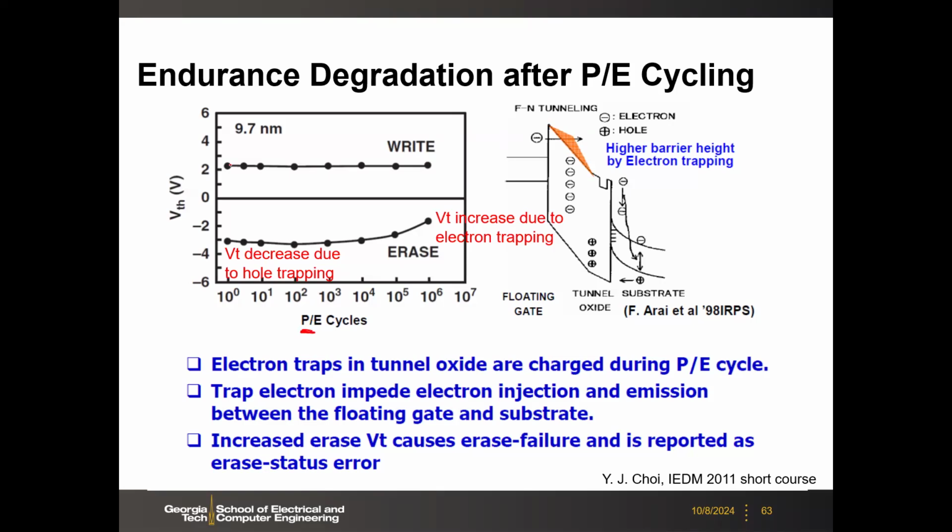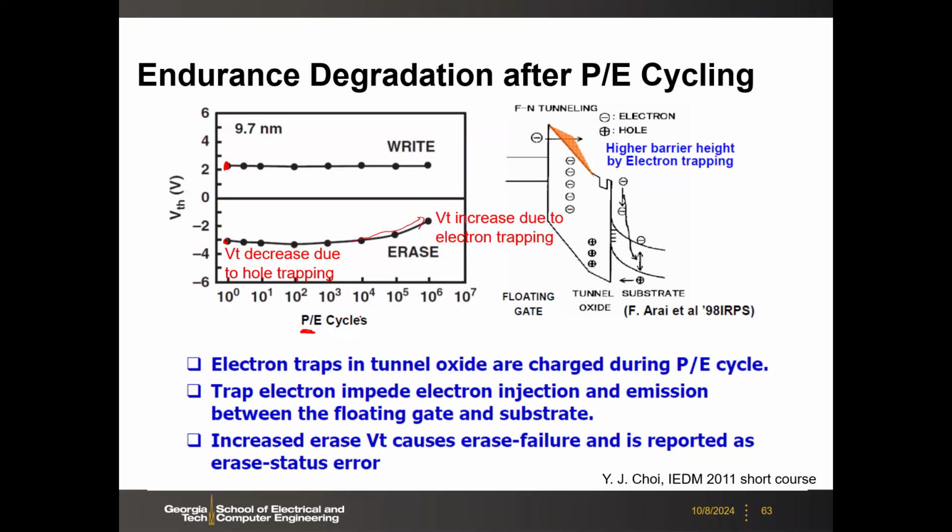For this SLC operation, you have program states and erase states. Over the cycling, you keep doing program and erase, and then you measure the VTH, and you see that gradually the erase state VTH will increase.